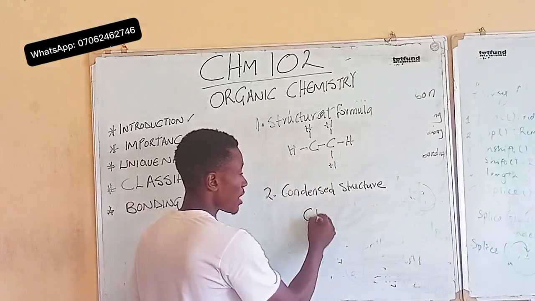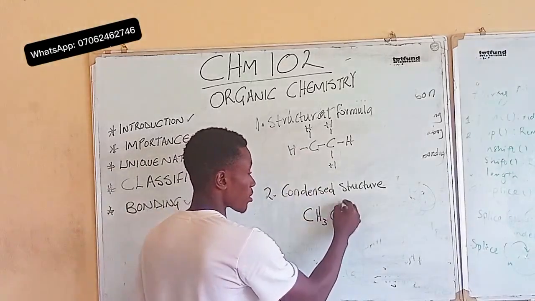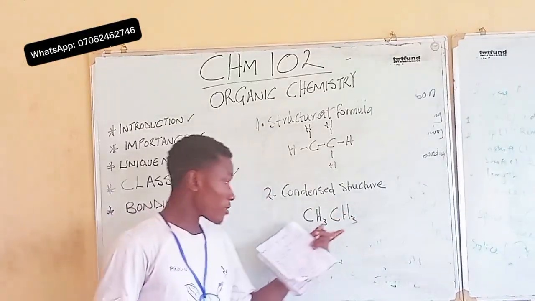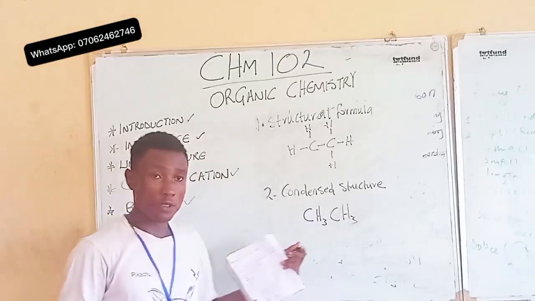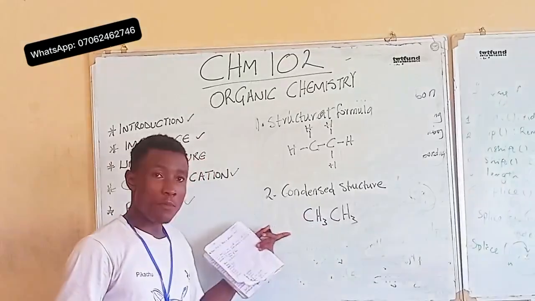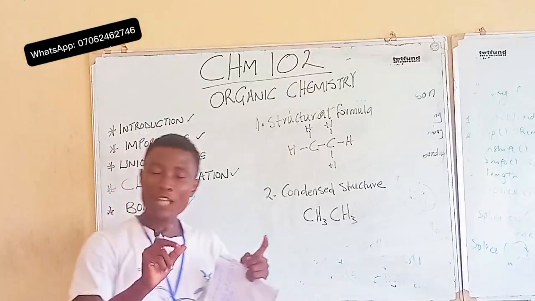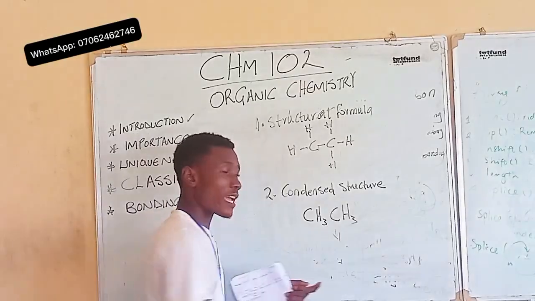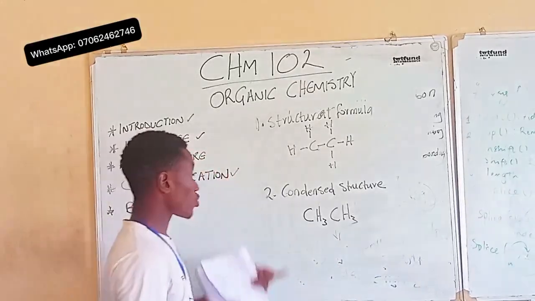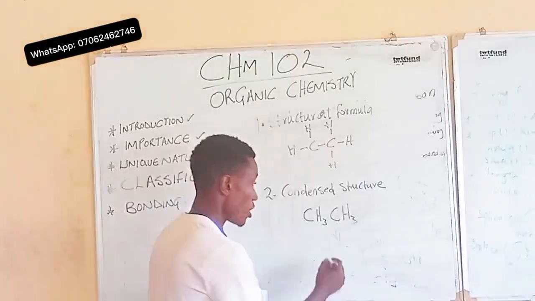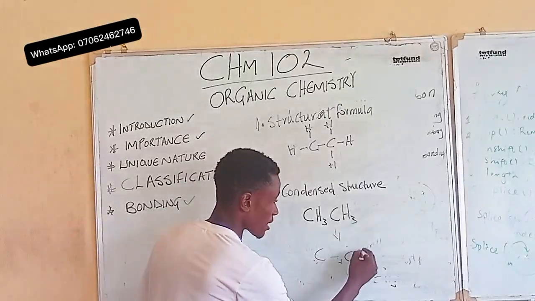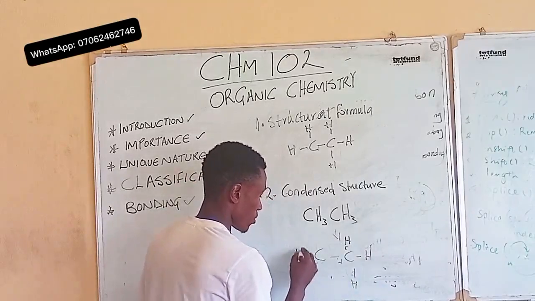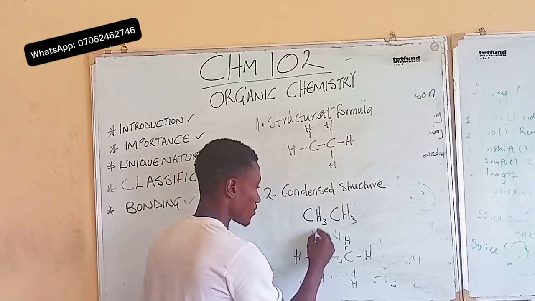This is CH3 and this is CH3. This tells anybody who sees this formula that for every carbon atom, we have 3 hydrogen atoms bonded to it. And this can also be represented in the structural formula, the Kekulé structure. It's simply the same thing, as you can see here. So that is just it.